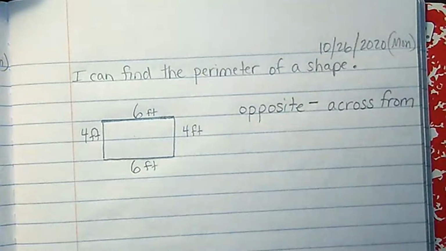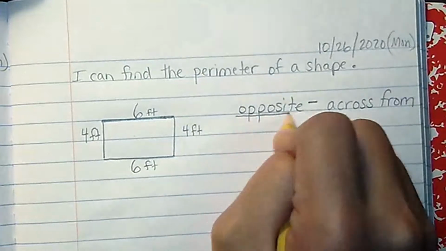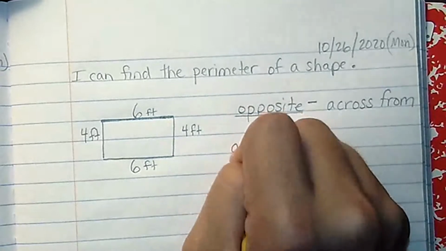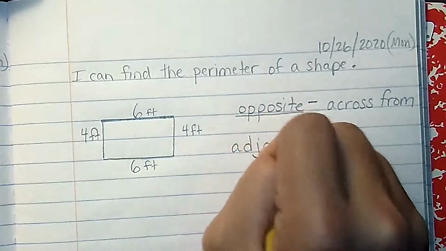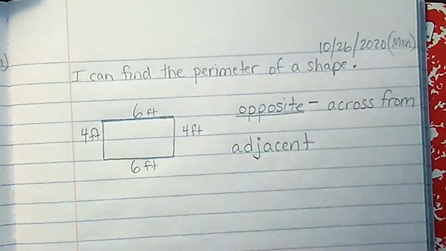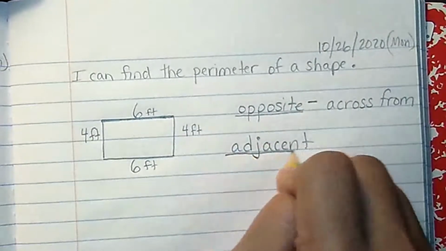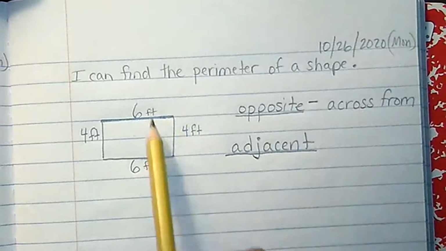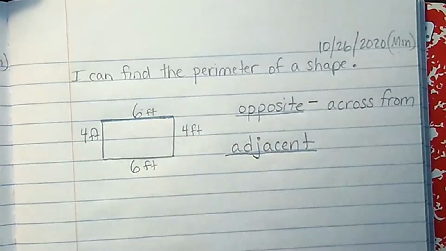Now, there's another word that we need to know. Opposite is very important. The other word is adjacent. It's a funny sounding word, even funnier when you spell it. If sides aren't opposite from each other, they're adjacent.